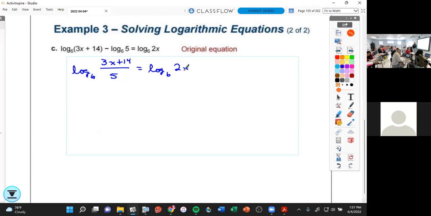Now can we cancel all? Can we go 1 to 1 now? Yeah. Absolutely. So we have 3x plus 14 over 5 equals 2x. And now we're down to basic algebra 1, maybe even 8th grade math. Multiply both sides by 5.